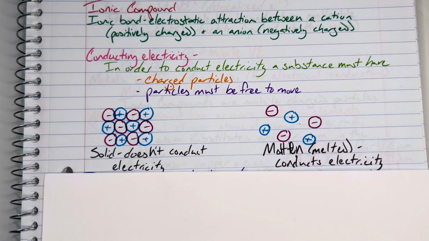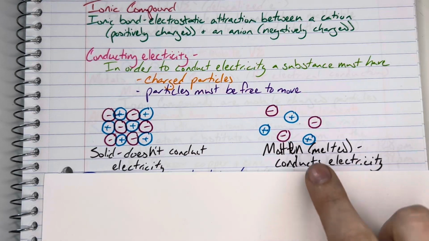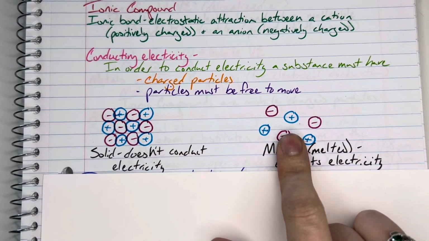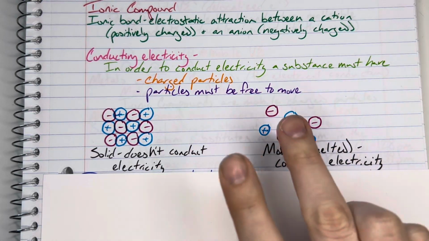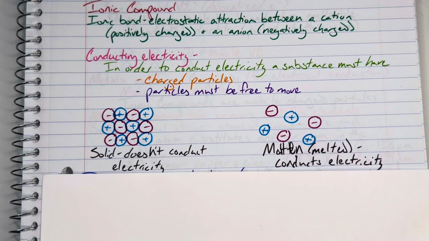However, a molten version of an ionic compound, where we are in a liquid state, I am going to be able to conduct electricity because I have space between my ions where I can actually go ahead and move, which is required for the ability to conduct electricity.